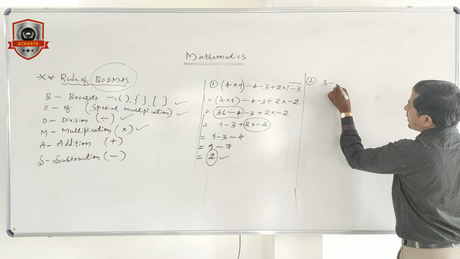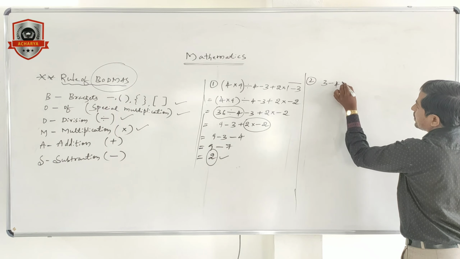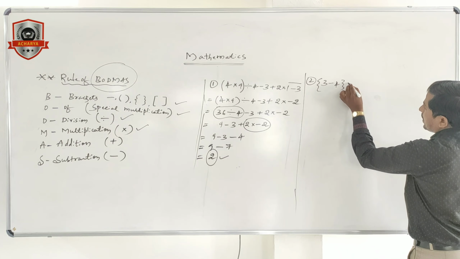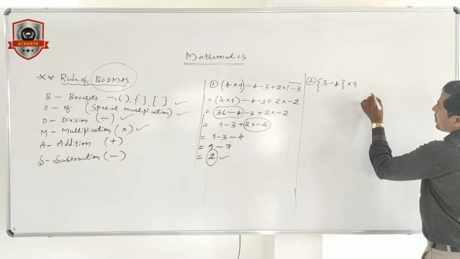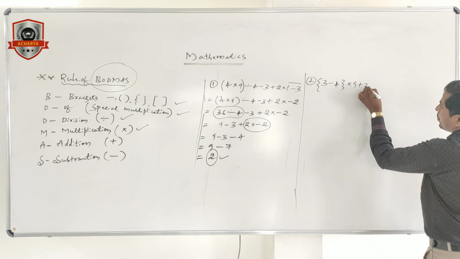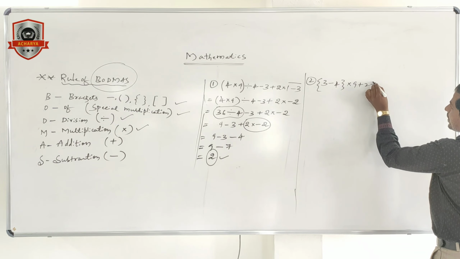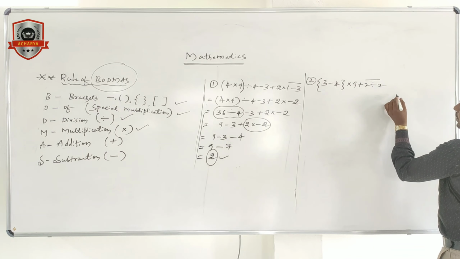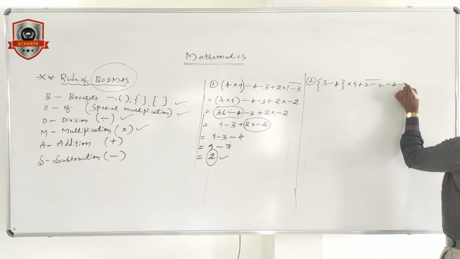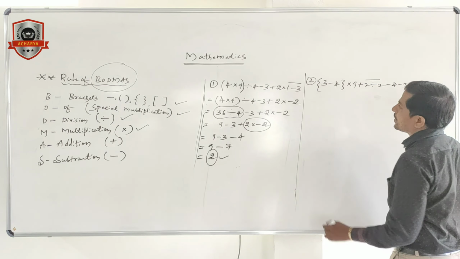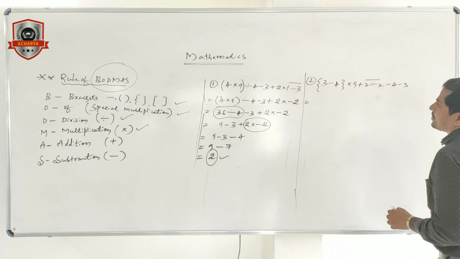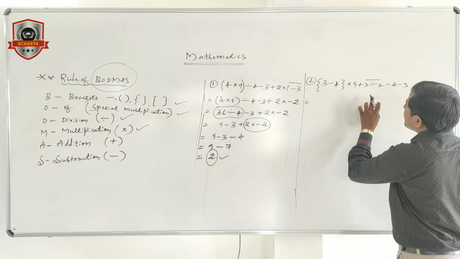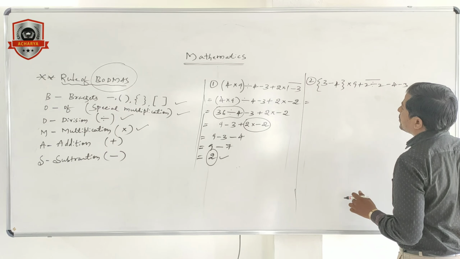3 minus 4 into 9 plus 2 divided by 2 minus 4 minus 3. Okay. Now what is the first bracket we have here? Bar bracket.